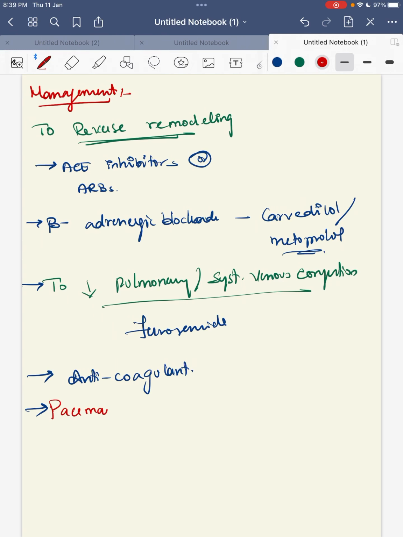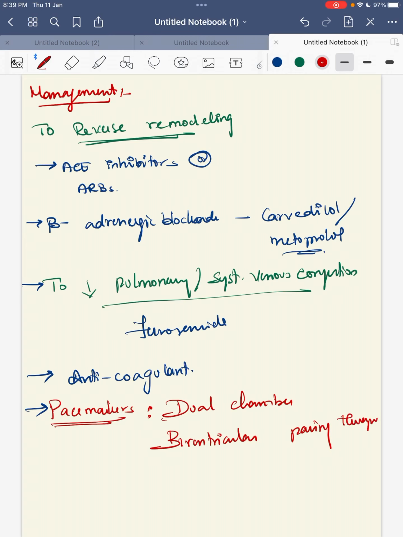Next is pacemakers. Other management options, pacemakers, that is dual chamber and biventricular pacing therapy is being used. Next, ultimate treatment.